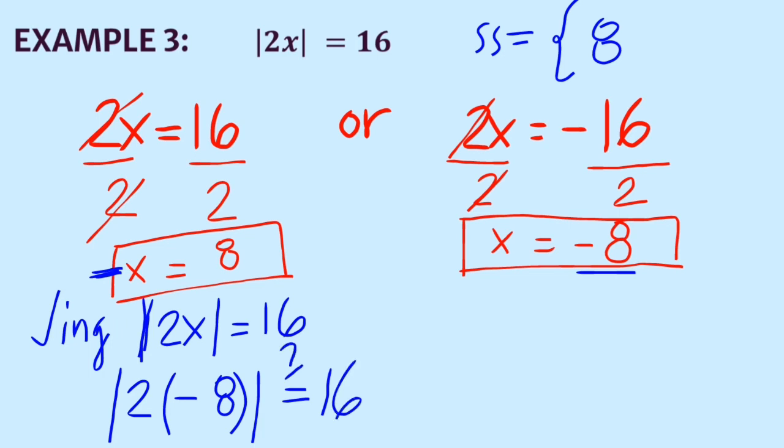Now, what is 2 times negative 8? It is negative 16. And do not forget to copy the absolute value notation.